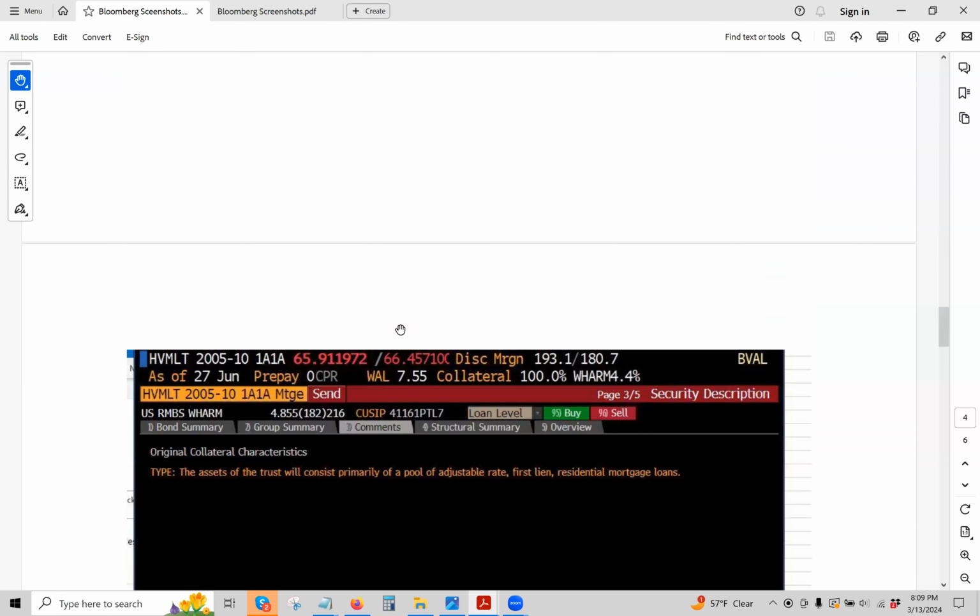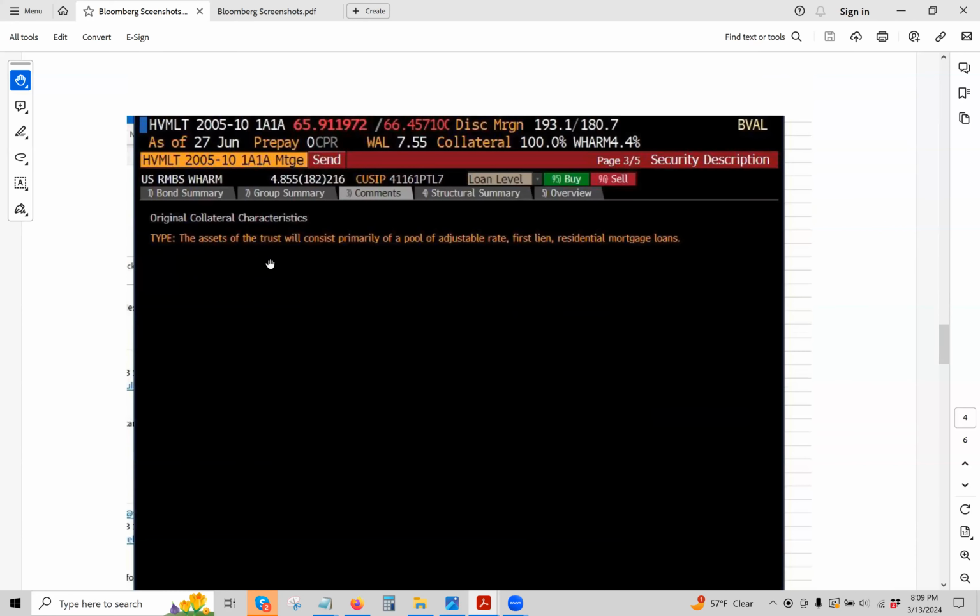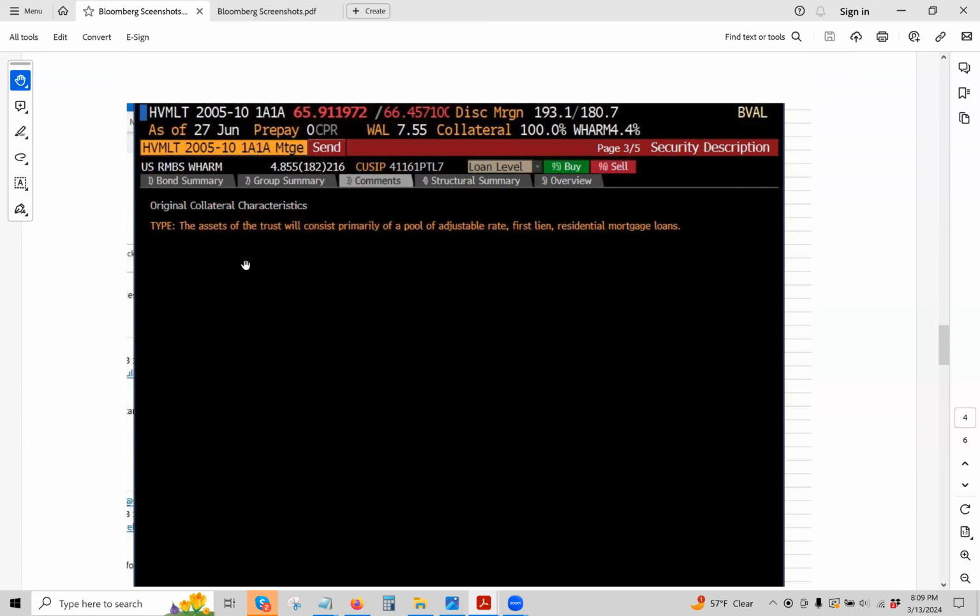Okay, moving along here. This is just a comments tab. Sometimes you'll see comments here. For whatever reason, they're putting a comment, maybe something relating to the trust or some key piece of information. So this here is basically telling you that this pool of loans primarily has adjustable rate loans, and adjustable rate loans are loans that adjust, right?